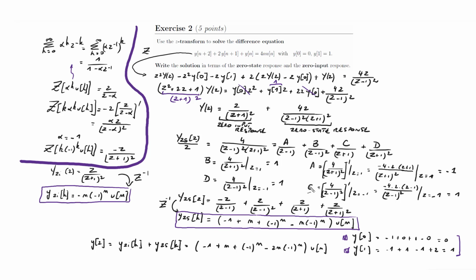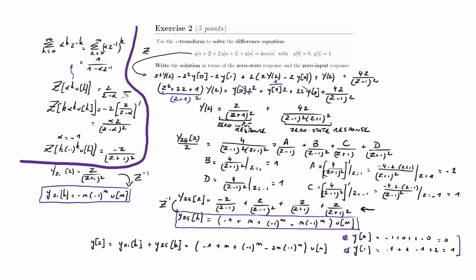You can do something very similar to obtain the constant C. What we can now do is multiply by Z, so the Z will appear at the numerators over here. We can replace the constants by their computed values, and you end up with this partial fraction expansion. And here you recognize known Z transforms.